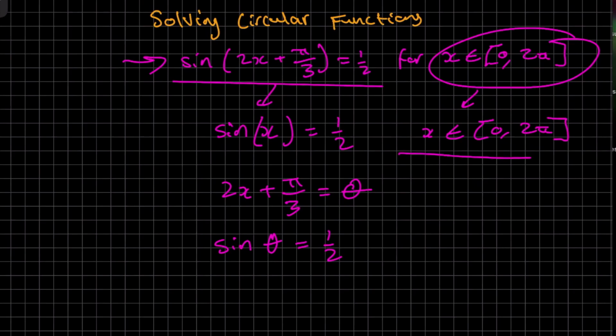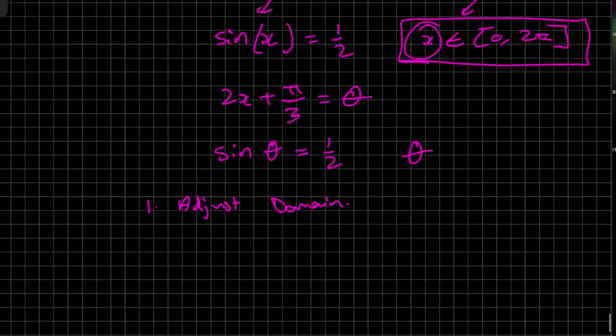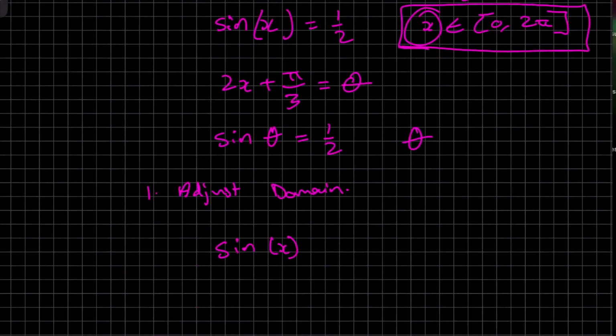Now, I can't keep using this domain for x if I'm converting this entire equation to terms of theta. So if I'm converting this equation into terms of theta, then my domain must also be in terms of theta. So what we have to do is first adjust our domain. Now, if we had just sine of x in our equation, so we only had x within these brackets, then our domain would be from 0 to 2 pi as it was defined before.